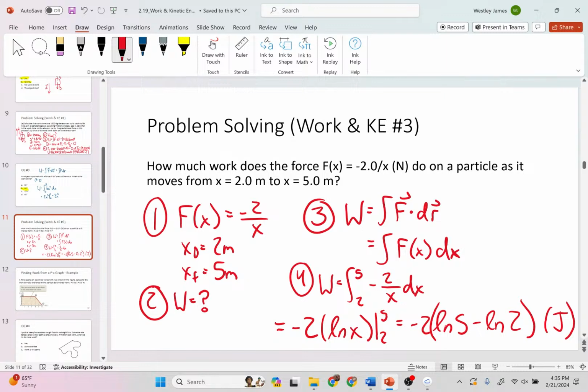So fairly straightforward. It shows us how we use this whole integral situation. You only have to do this integral if I give you a function. Otherwise, basically, any force I give you will be constant. It's a good rule to have somewhere in your head. I'm not going to make you all come up with the function for force.